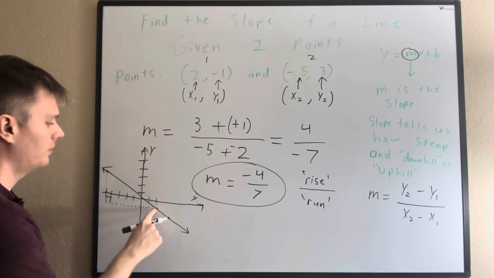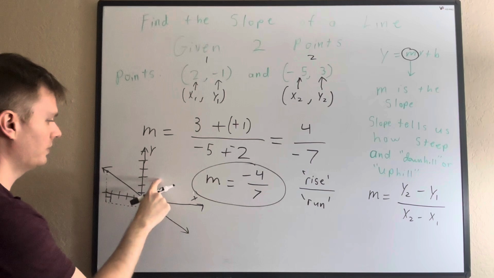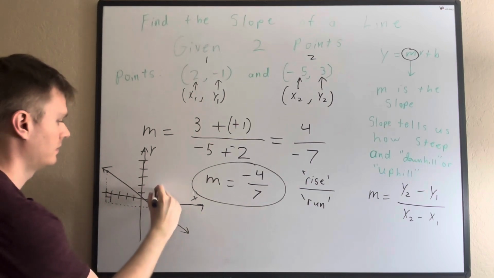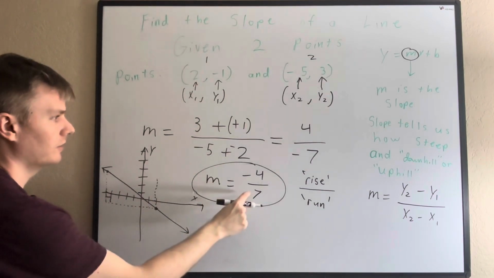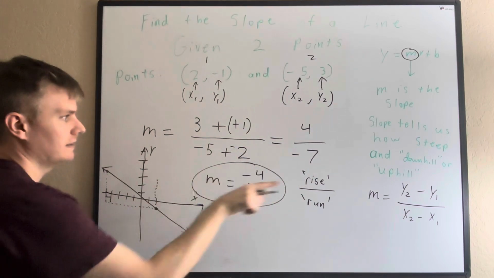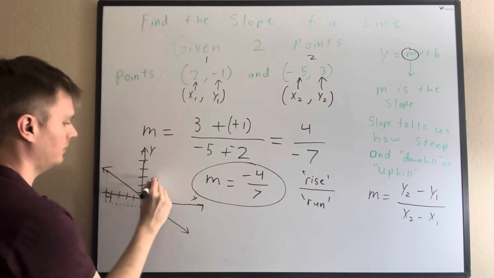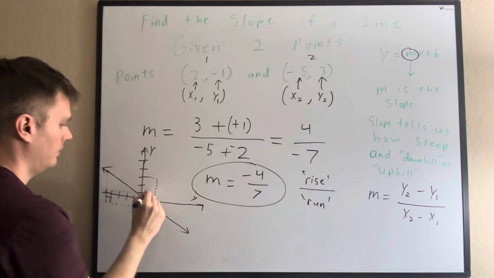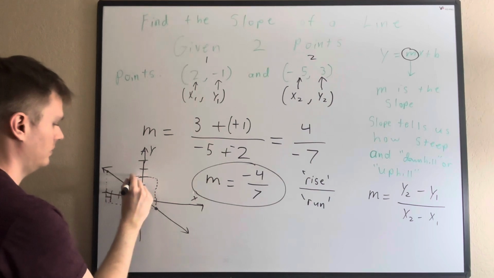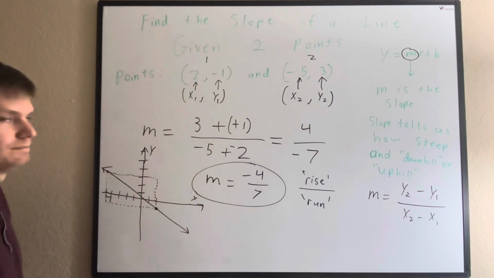You're going to rise 4, 1, 2, 3, 4, and you're going to run 7, but to the left, because the opposite of the positive direction is the negative direction. So we're running to the left. 1, 2, 3, 4, 5, 6, 7.